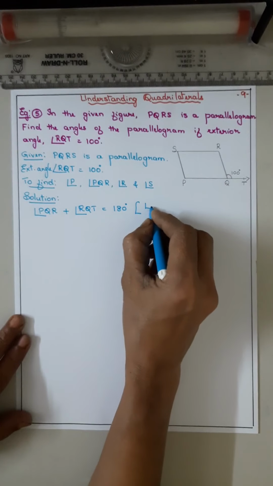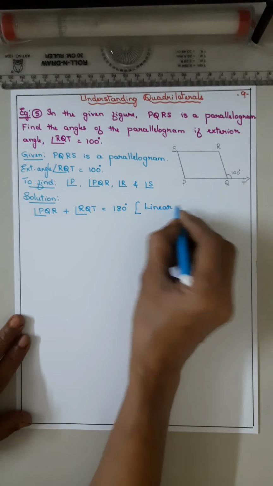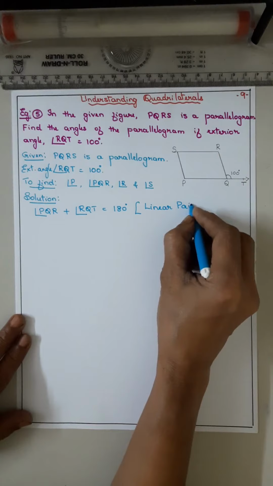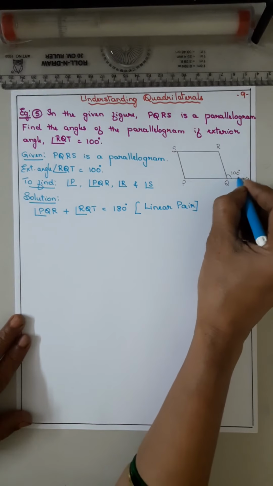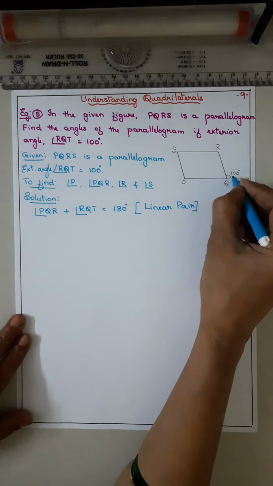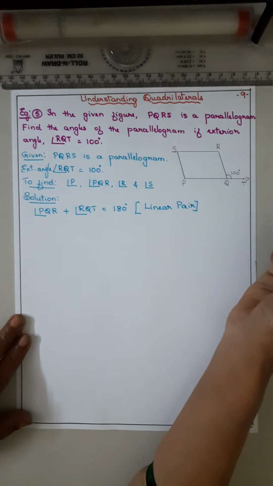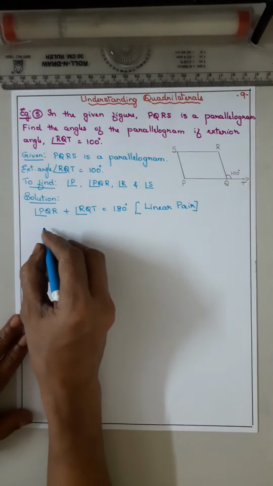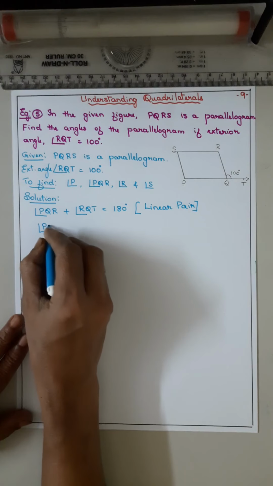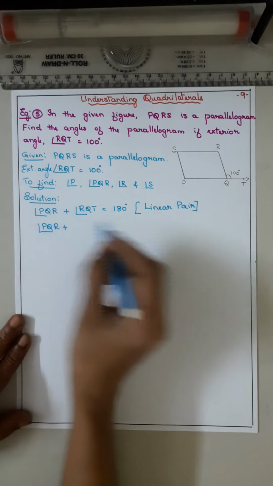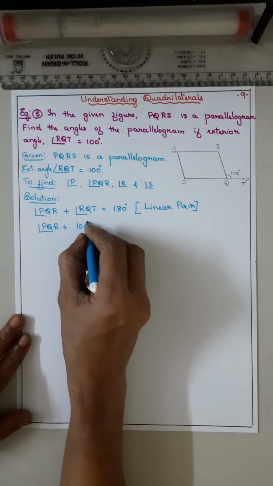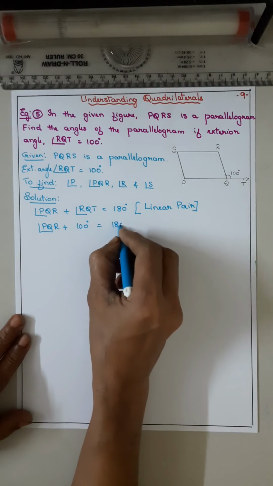Why? They have become a linear pair. Yes or no? Linear pair. Adjacent, but they form 180 degrees, then it is a linear pair. So PQR, you don't know, plus RQT, how much? 100 is equal to 180 degrees.